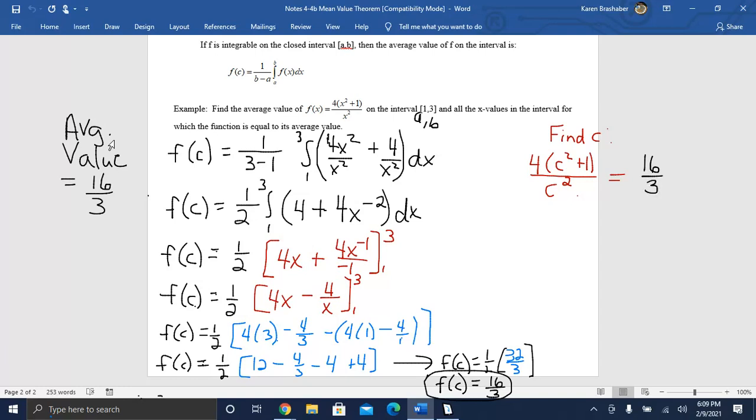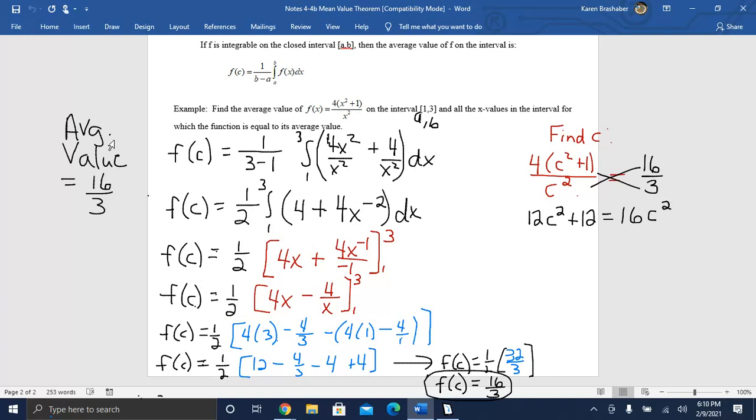So this is a good example of a problem to cross multiply. So we'll do that, and that'll give us 12. And we can go ahead and distribute: 12c squared plus 12 equals 16c squared. So again, I took the 3 times the 4 and then distributed it.